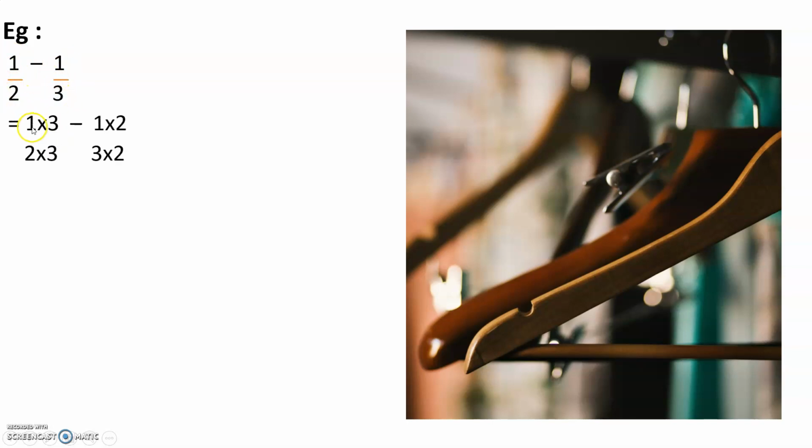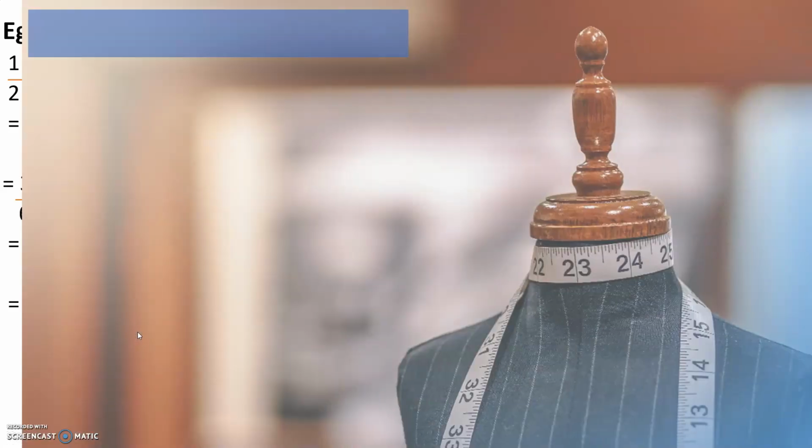So 1 into 3 upon 2 into 3 minus 1 into 2 upon 3 into 2. So 1 three is 3 upon 2 threes are 6 minus 1 two is 2 upon 3 twos are 6. So 3 minus 2 upon 6. So 3 minus 2 is 1, 1 upon 6. So see, here also it is in the lowest term.